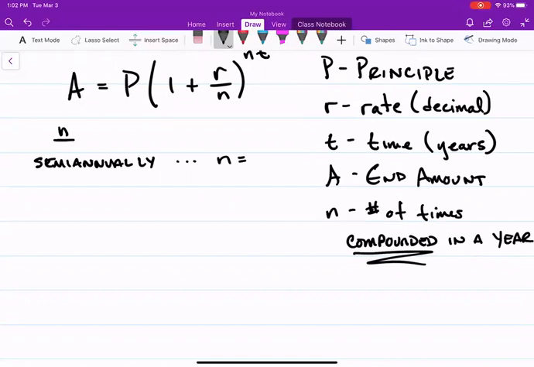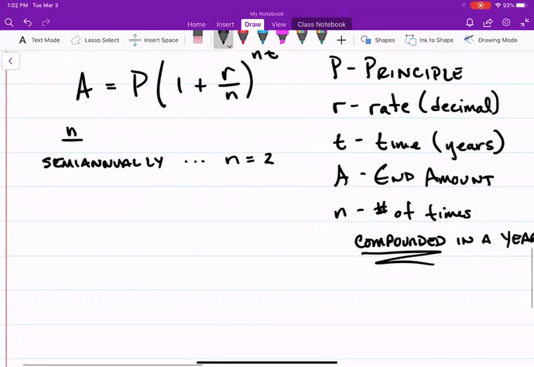Semi-annually means half a year. So in 1 year, how many times did that happen? 2. Does that make sense? I guess I should have started with annually, huh?